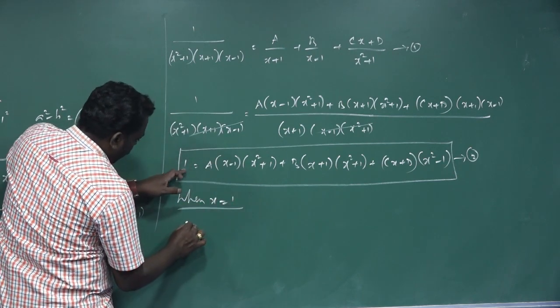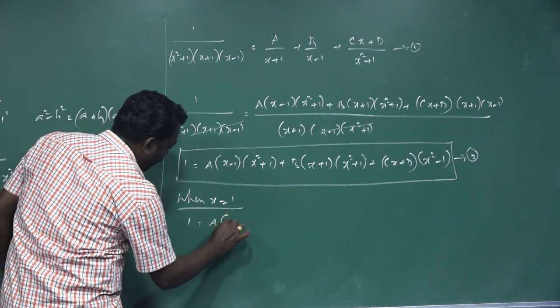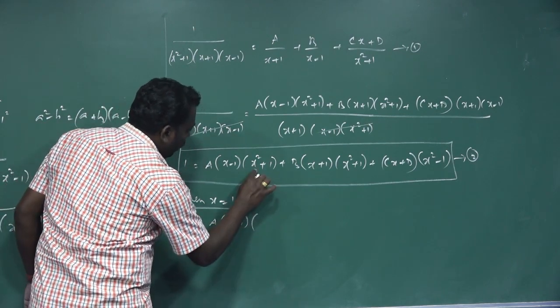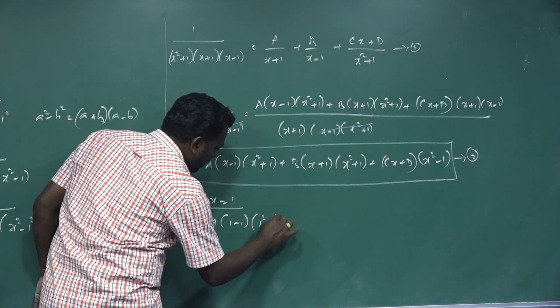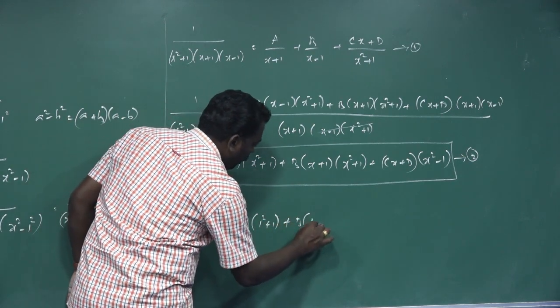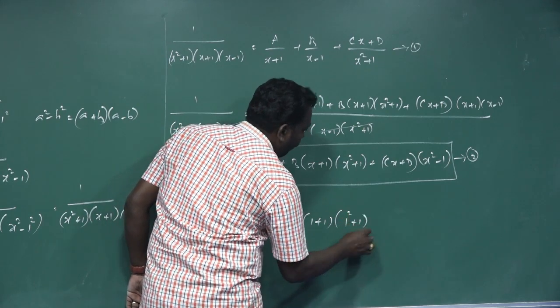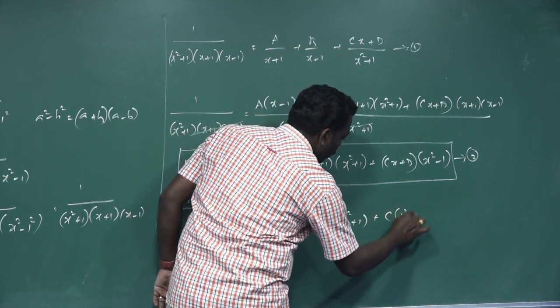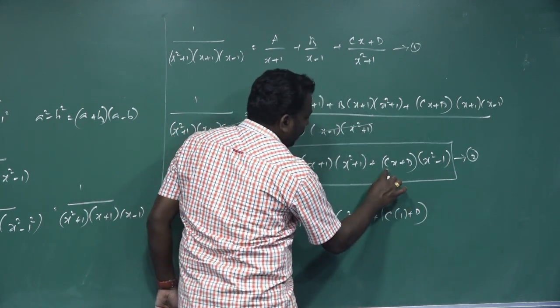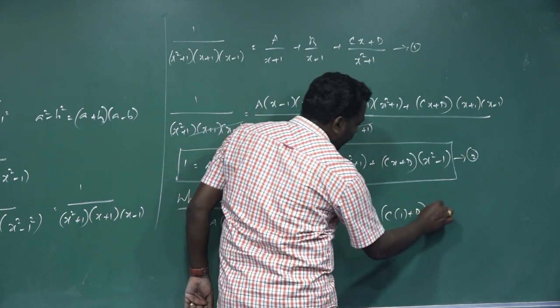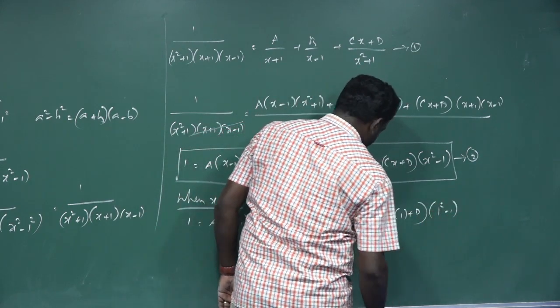What is the left-hand side? 1 is equal to a(1 − 1)(1² + 1) plus b(1 + 1)(1² + 1) plus (c·1 + d)(1² − 1).